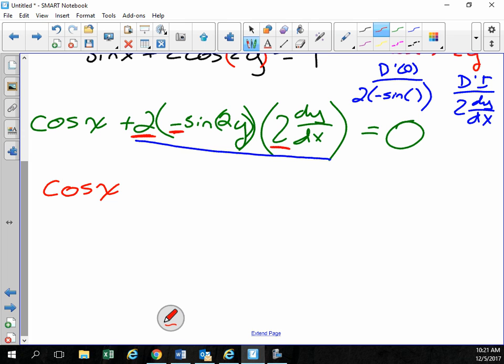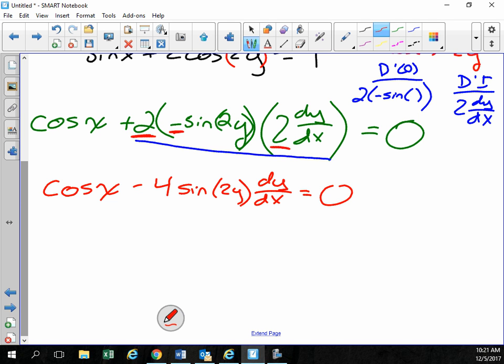Negative 4. Now please note that what was inside the sine never changed. What was inside the angle, that 2y, never changed, and it shouldn't ever change. That's that chain rule piece.